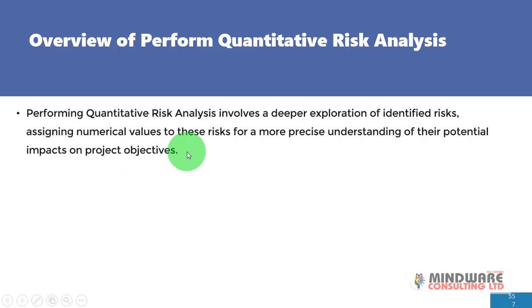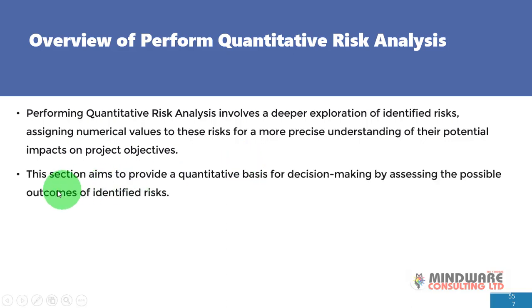Unlike what we did in the qualitative risk analysis, where we identified the probability as well as the magnitude of the impact of those risks to determine whether they are worthy of response planning, perform quantitative risk analysis involves a deeper exploration. At this time, you're going to be assigning numerical values to these risks, in order for you to have a more precise understanding of their impacts on project objectives.